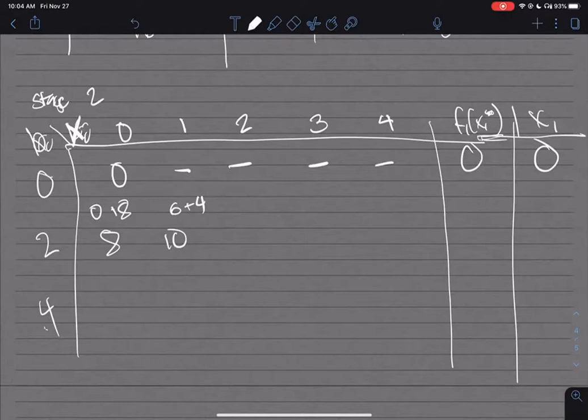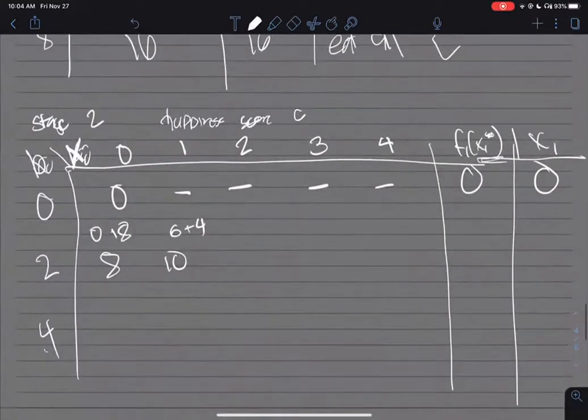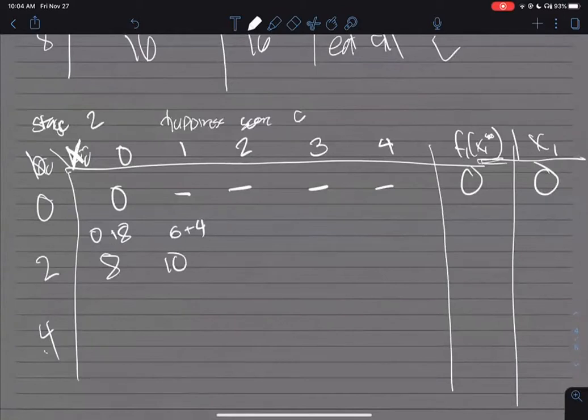Yasmin? Wait lang, sir. Go ahead. Happiness score today is 6. Tapos day 2 na, sir. Yeah. So 6 plus 2?